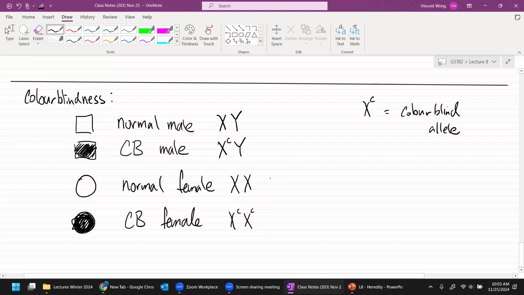So you see, females are less likely to have an X-linked recessive condition compared to men, right? Because they have two copies.